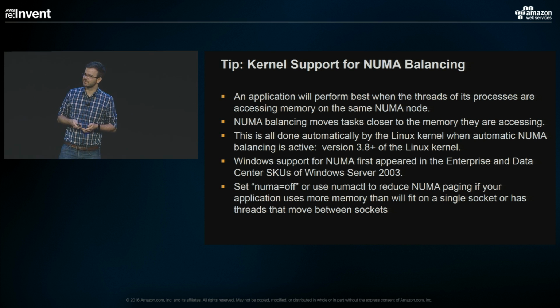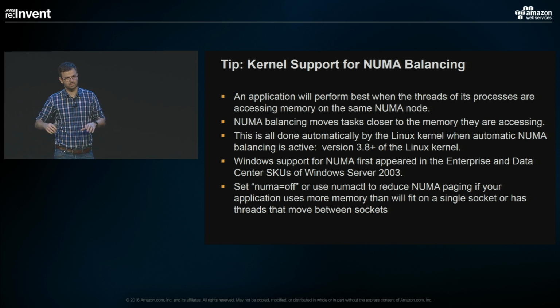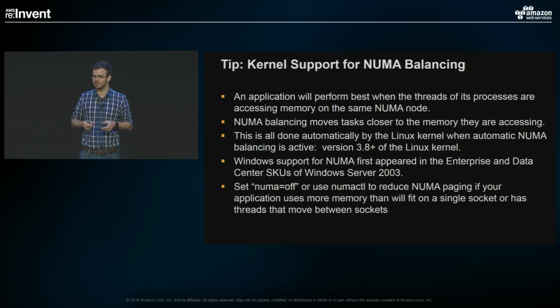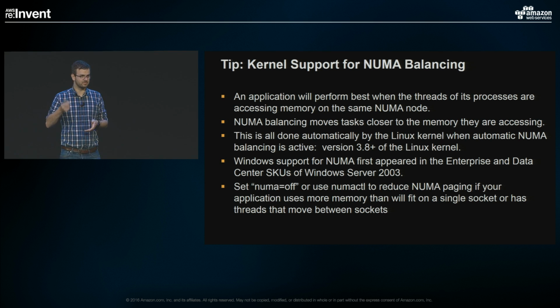The downside of this is that it can actually slow down performance of some applications, especially if they have a huge memory footprint. So if your memory footprint overlaps 2 different NUMA zones, if you're using a lot of memory for your application, it's going to be needlessly moving memory around from one zone to another, even though your processes are going to operate in both places and need access to them.